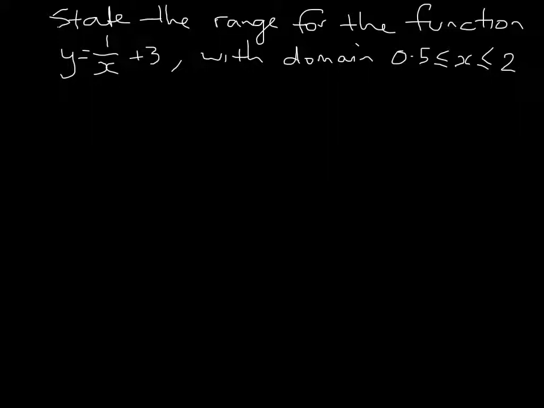So let's have a look at this next question. State the range for the function y is equal to 1 over x plus 3 with a domain of 0.5 through to 2.